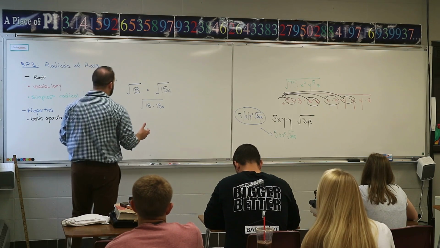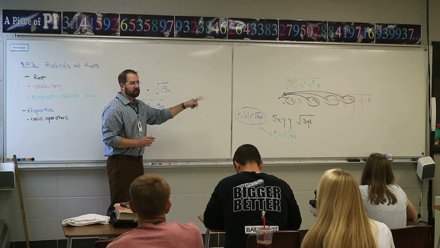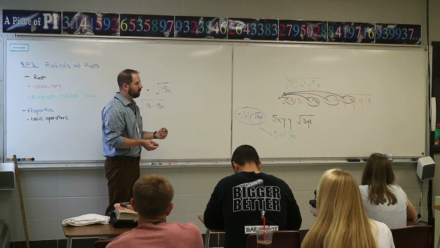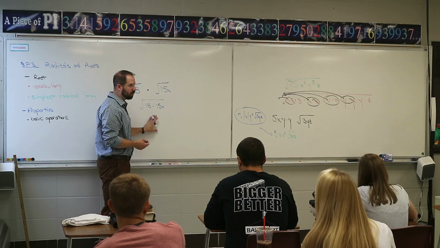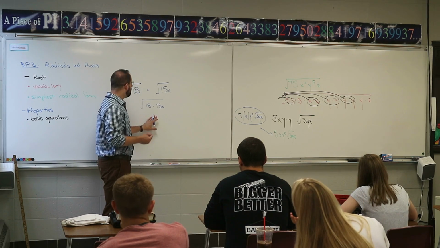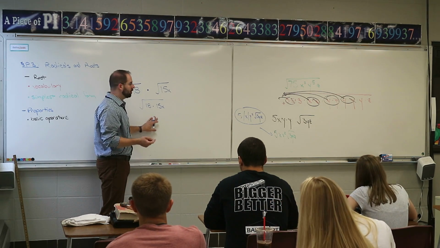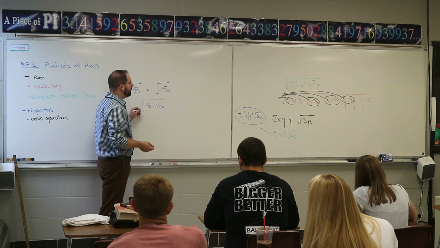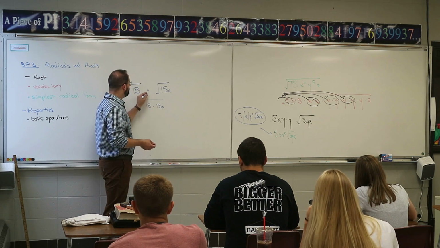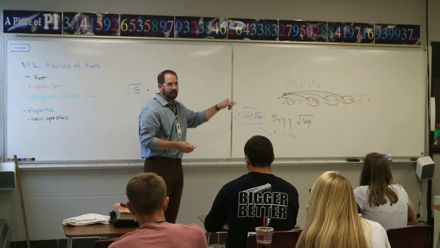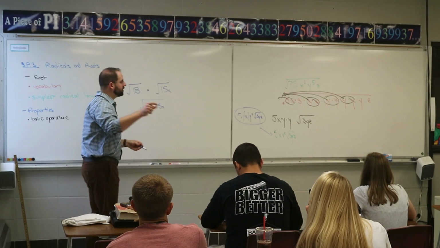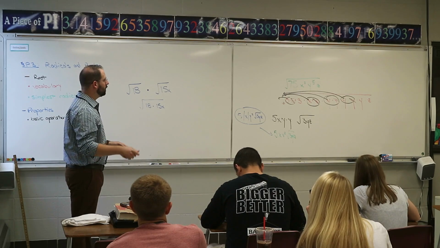Now we're going to do the same steps we did over there to simplify the answer down. This is called the product rule. You can go from two separate radicals to one single radical using this rule. Then you just break it down from there. And vice versa: if you have one radical, you can separate it into two separate ones. In fact, that's what I'm actually doing over there. I'm taking individual square roots of all of those terms separately.